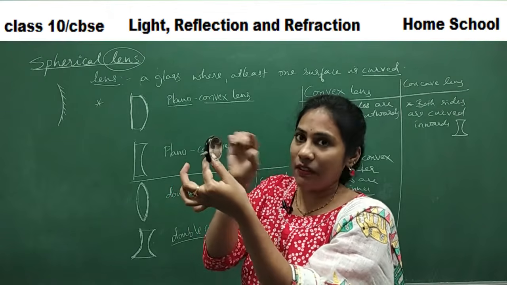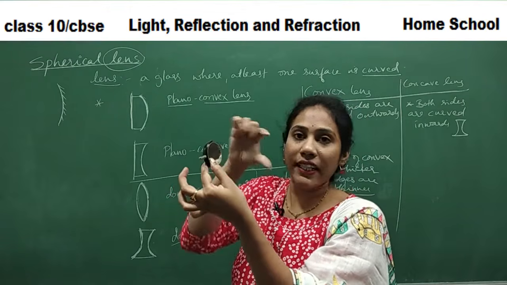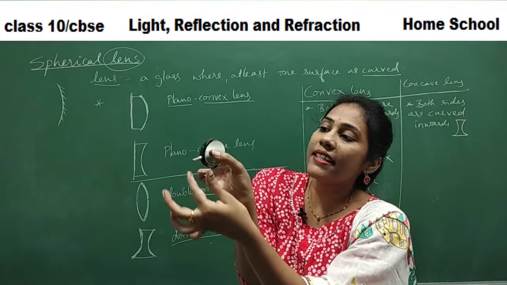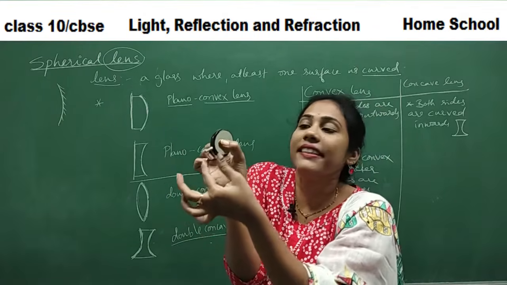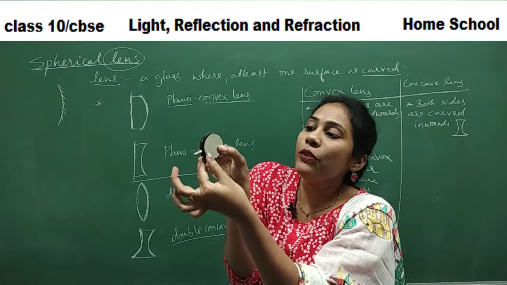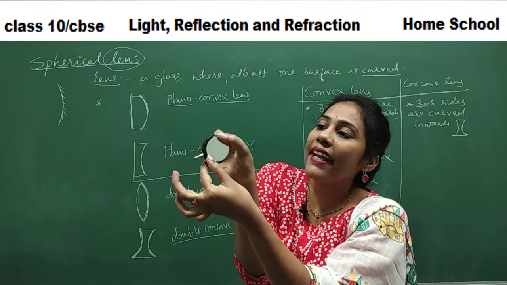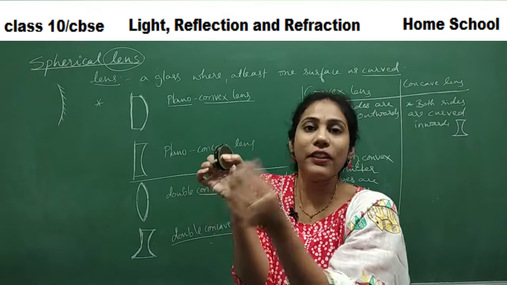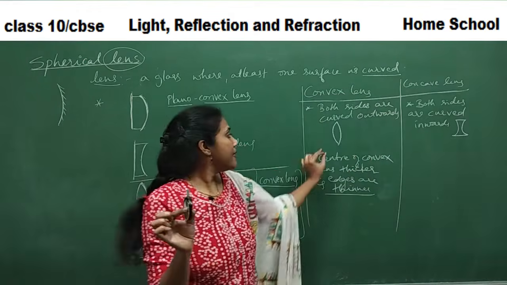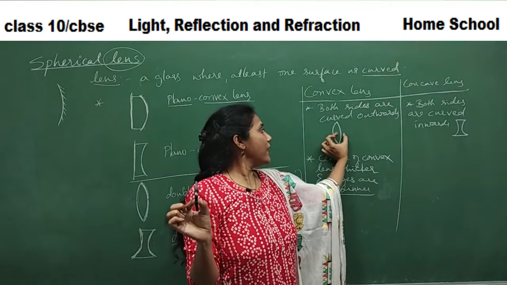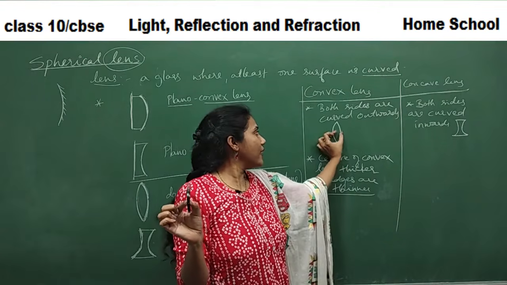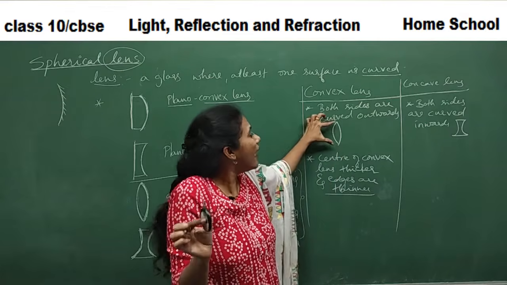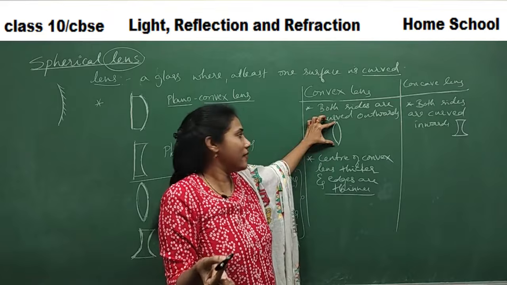Okay, otherwise when the edges are not covered, when you take a particular lens, you feel that. When you keep two fingers at the center, you feel certain thickness. But at the same time, when you keep two fingers at the edge, you feel it is much thinner compared to the center. Okay, so that's what we mean. When you touch the center of a lens, it is thicker, but edges are thinner. You can understand very clearly with this representation, right?